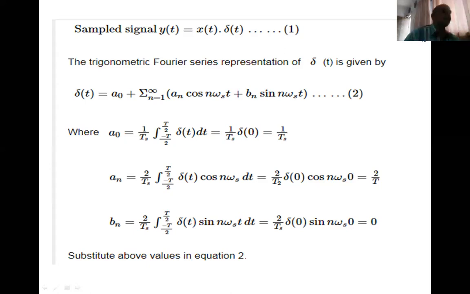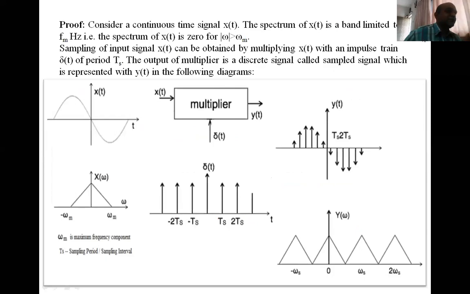So it is represented by expression 1, that is x of t into delta of t. We will have a resultant waveform like this. Here I show you the waveform. You will get a resultant waveform, that is y of t.